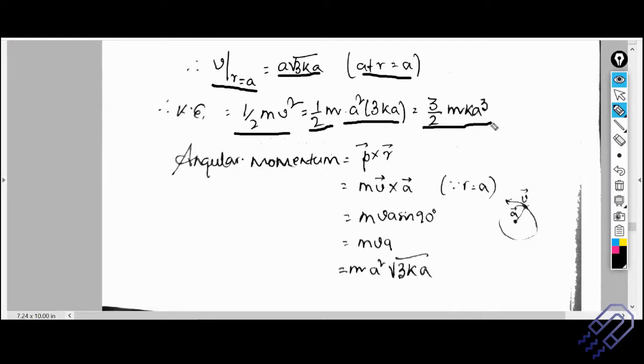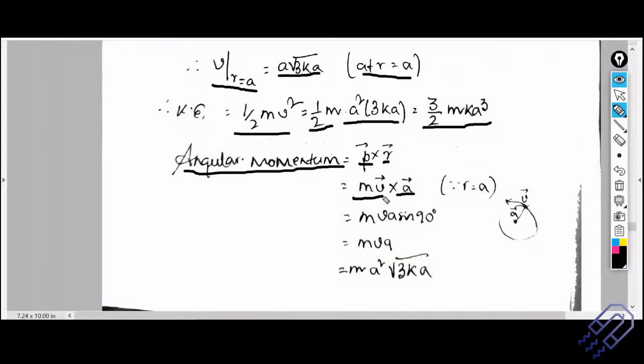So that's the energy that it has. If you remember, we explained before that angular momentum is the linear momentum cross product with the distance from the center. The distance is a, and the linear momentum is mass into velocity.